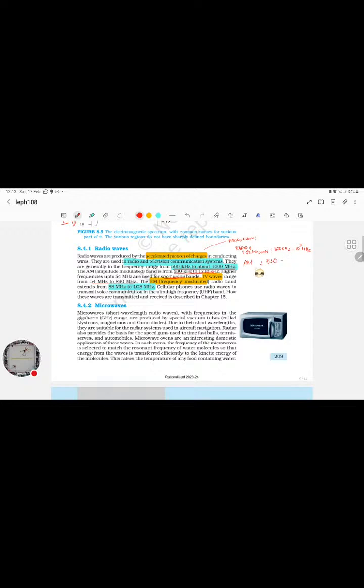And for amplitude modulated radio waves it is about 530 kilohertz to 1710 kilohertz.